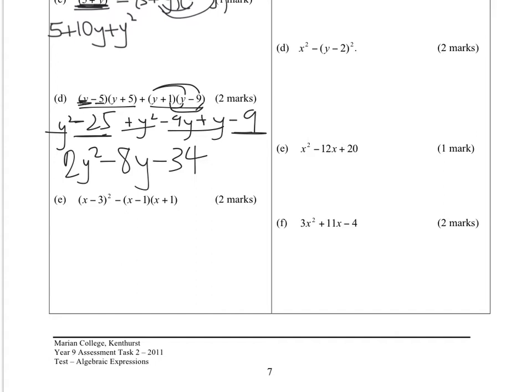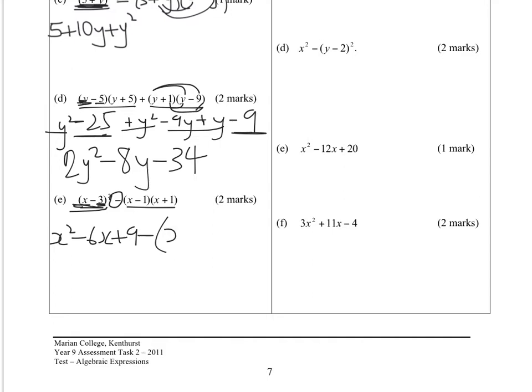Okay, E, we have a perfect square, so square the first, x squared. The product of the two is negative 3x, and double it, which is negative 6x. Square the last, which is positive 9. Now, because that is a minus, we're going to keep it there and start our brackets. Now, this is a difference of two squares.